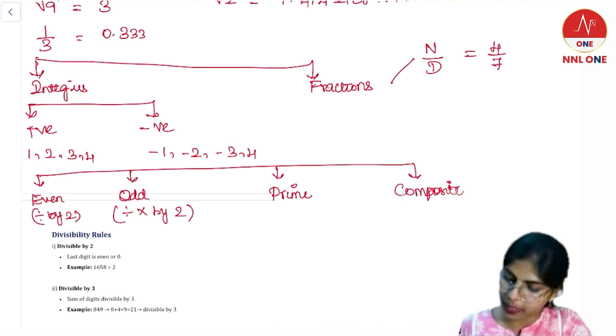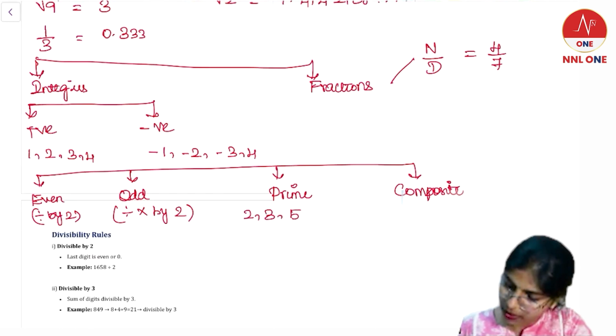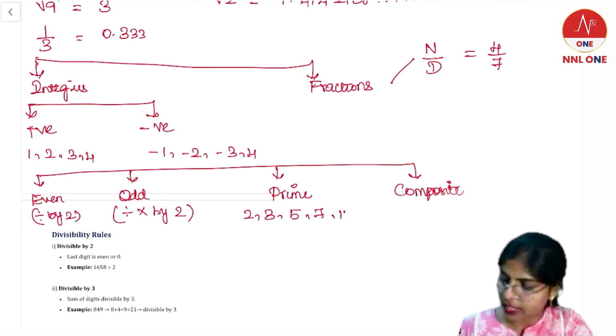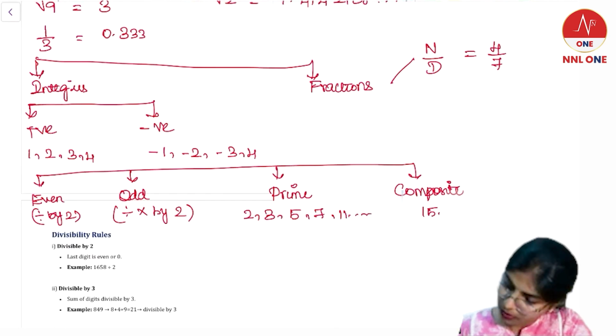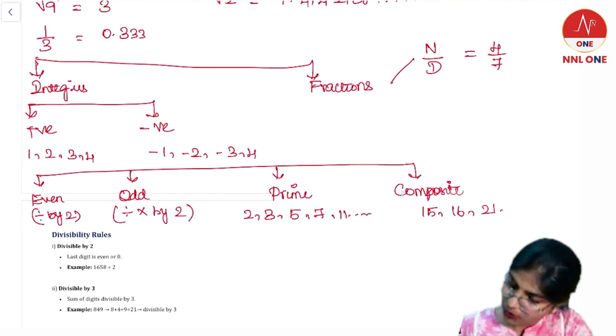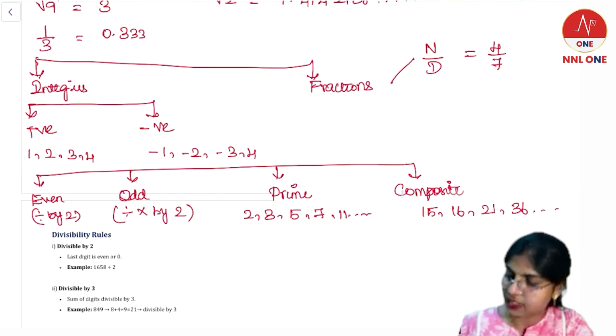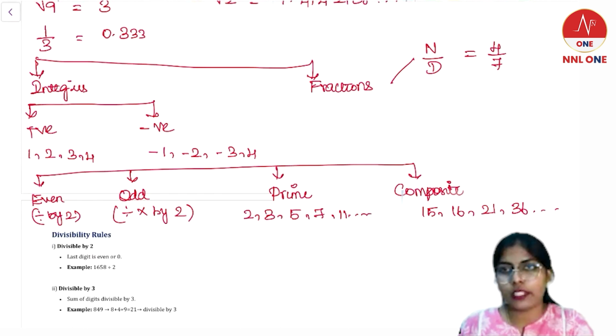Prime number examples include 2, 3, 5, 7, 11, etc. While composite numbers include 15, 16, 21, 36, etc.